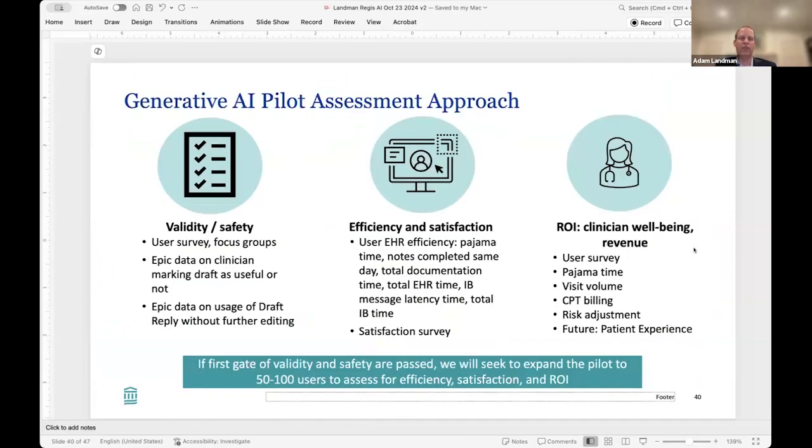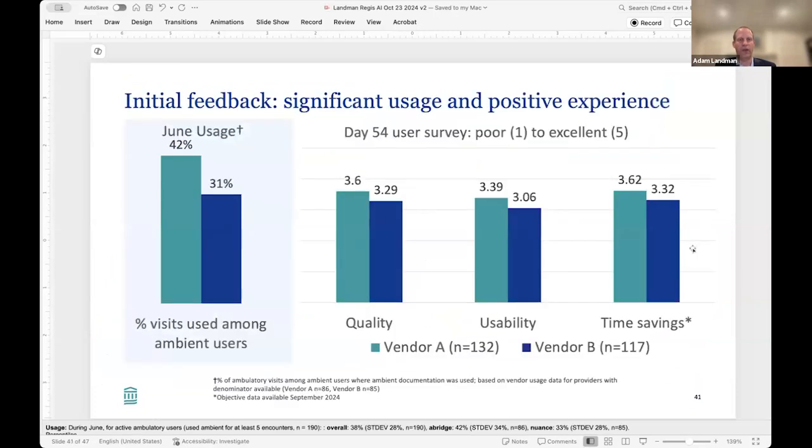We also have taken a much more rigorous quantitative feedback approach to try to measure the efficiency, the satisfaction, and the return on investment of these tools. And I'll just share with you, we've also done quantitative surveys to our users, and we've measured their usage.